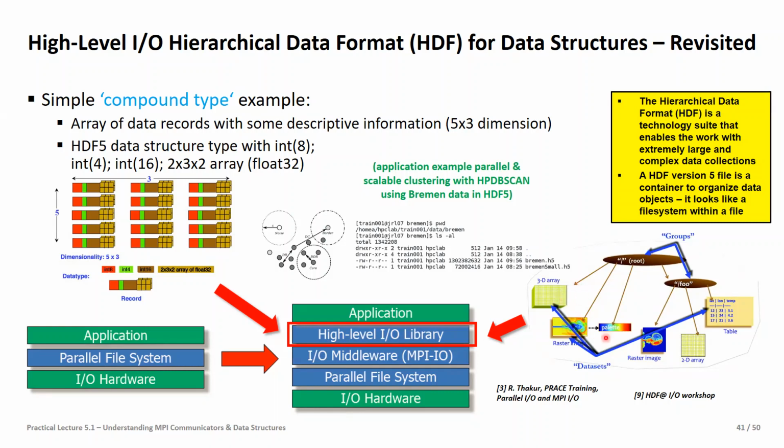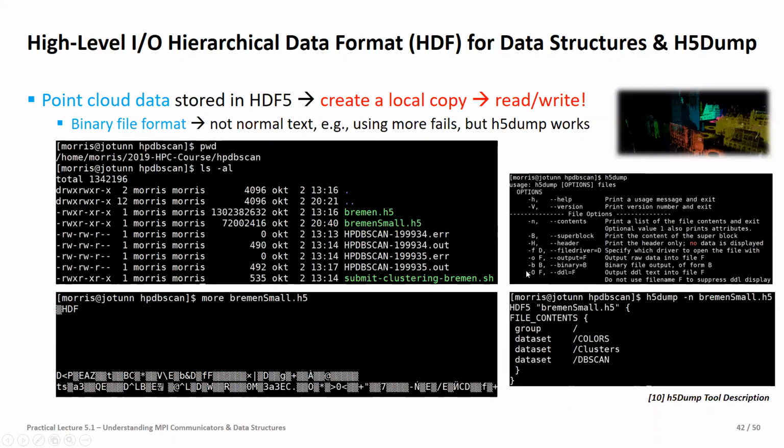So I can define my own data structure here, a little bit as you have seen from the MPI derived data types, more or less saying slash this, slash cluster is that, slash data is this. So here you see you can even put different parts of it, arrays, tables, and all sorts of elements inside the HDF5 file. And that is essentially what we did here for this Bremen and Bremen small data set in this particular setup.